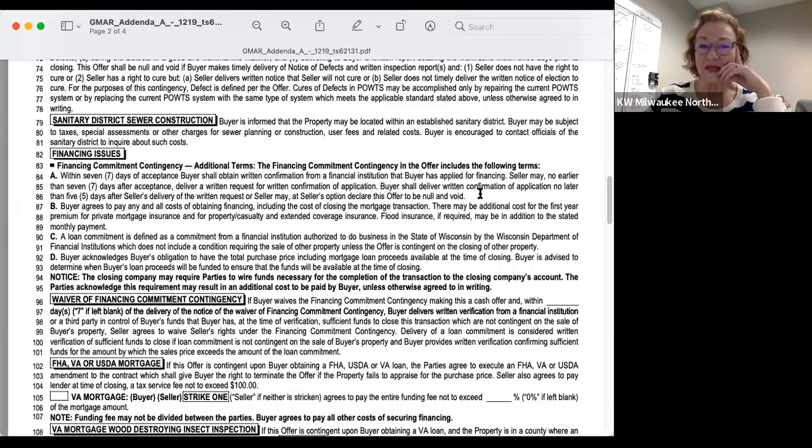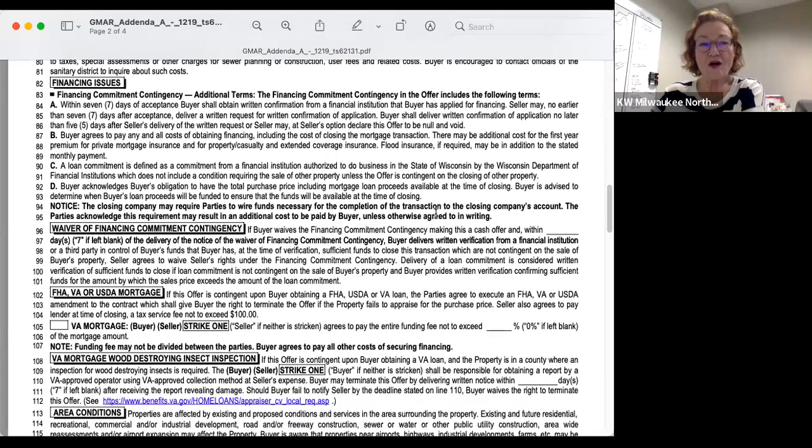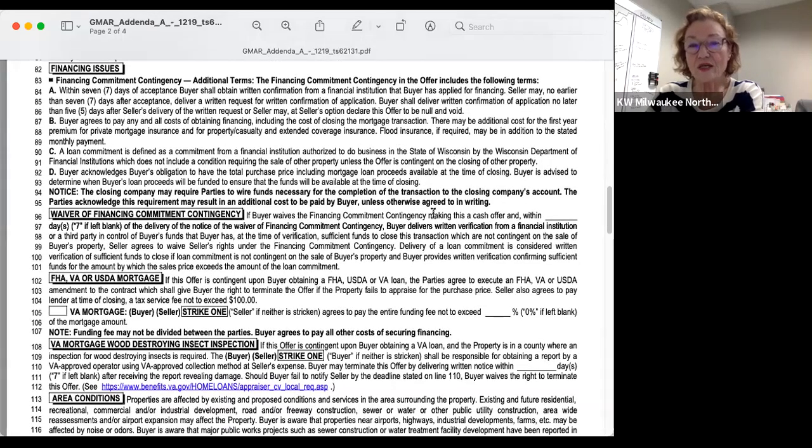Buyer shall deliver written confirmation of application no later than 5 days after seller's delivery of written request, or seller may, at seller's option, declare this offer null and void. So the seller can kill the contract if he's not getting this written confirmation that he's applied in a timely basis. Buyer agrees to pay any and all costs of obtaining financing, including the cost of closing the mortgage transaction. And again, this is buyer awareness.